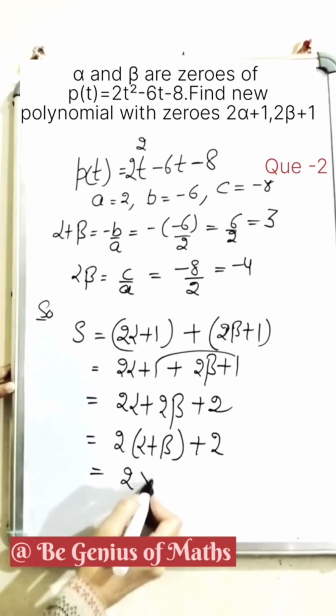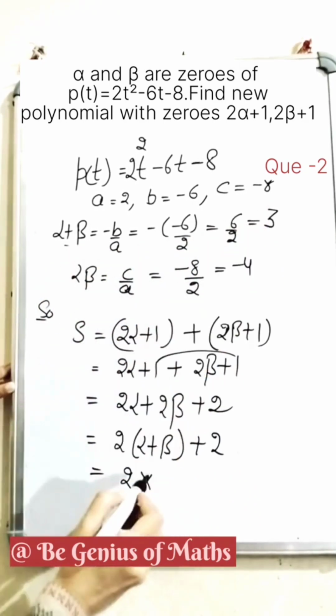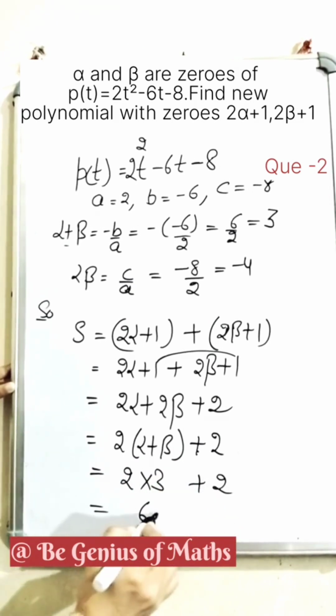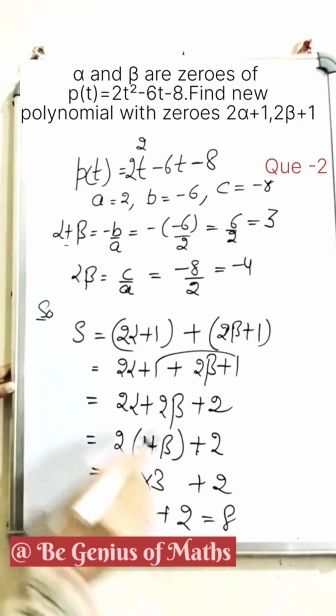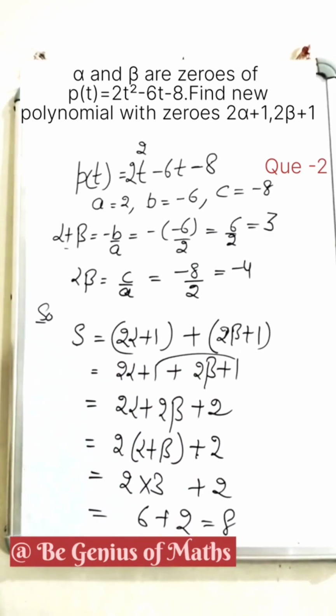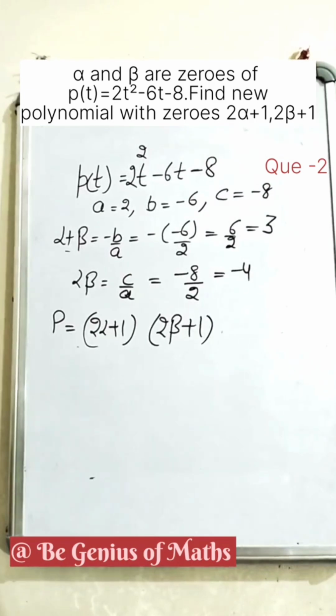Put the values of alpha plus beta. What is the value? It is 3. First multiplication, then addition. So the sum of new zeros is 8. Here alpha and beta are not given.